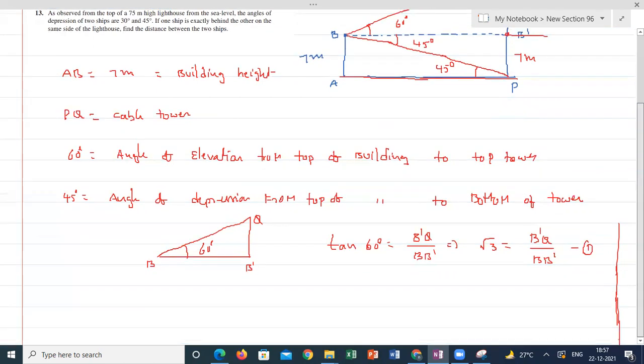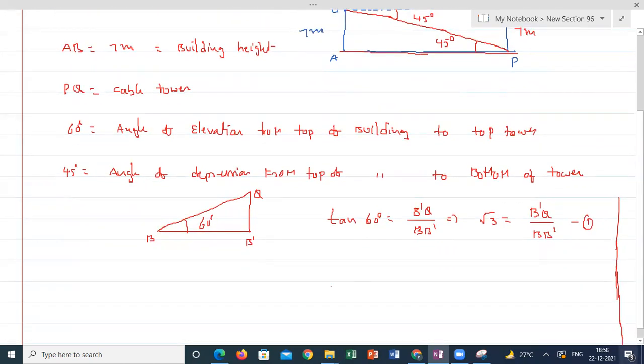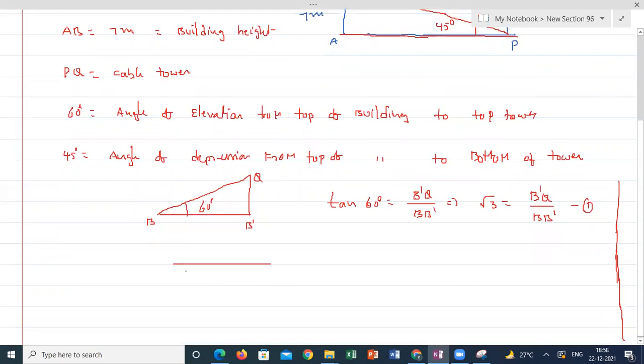Next one is from the triangle BB dash P. The angle of depression is 45 degrees. Tan 45 is the opposite side PB dash divided by BB dash.